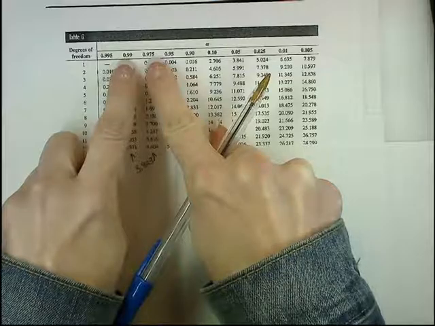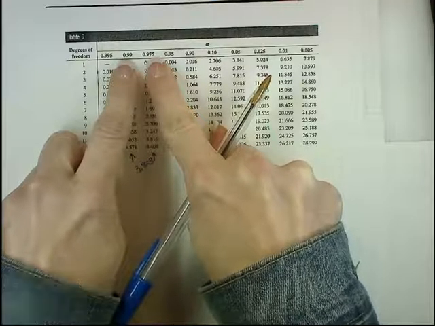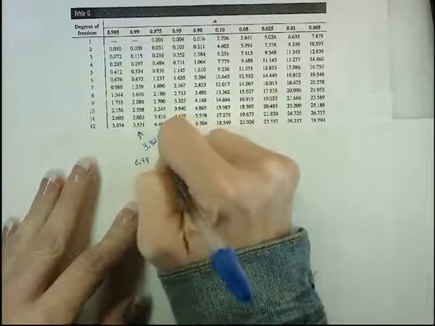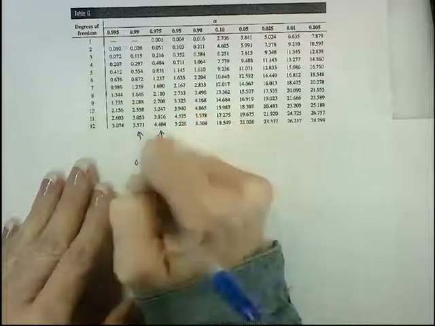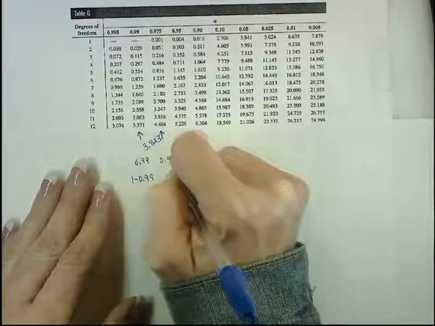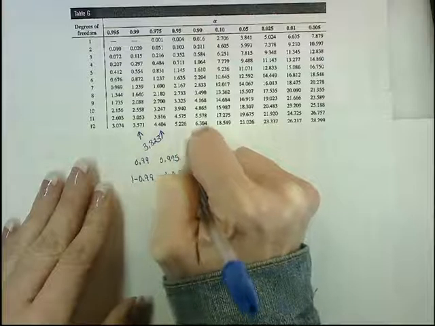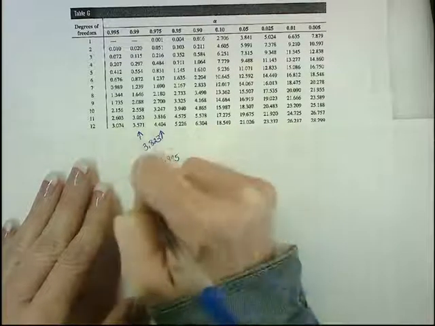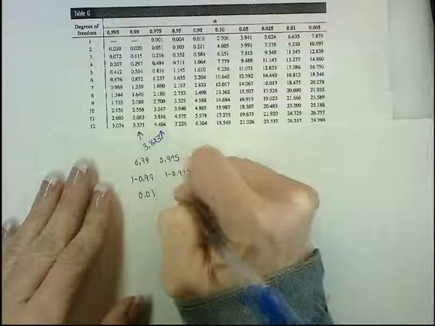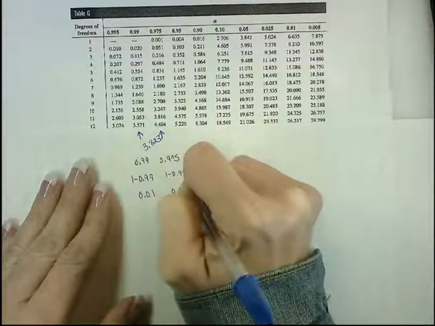I know that sounds silly, but when you're on the left side, what I do and what you should do is I write the numbers that I see up at the top, and I subtract each from 1. 1 minus 0.99 is 0.01, and 1 minus 0.975 is 0.025.